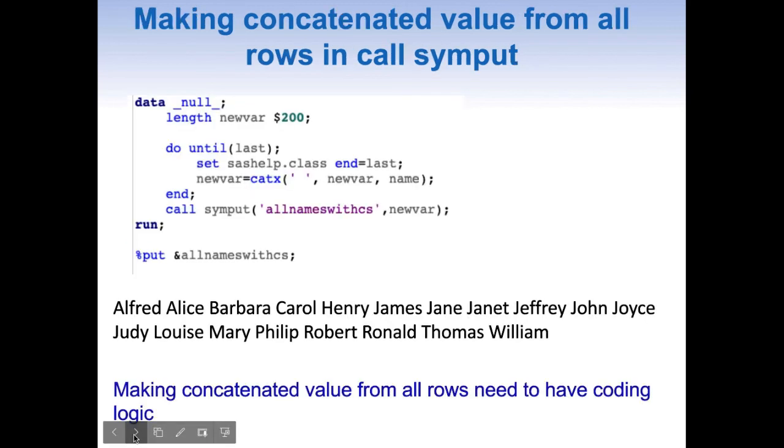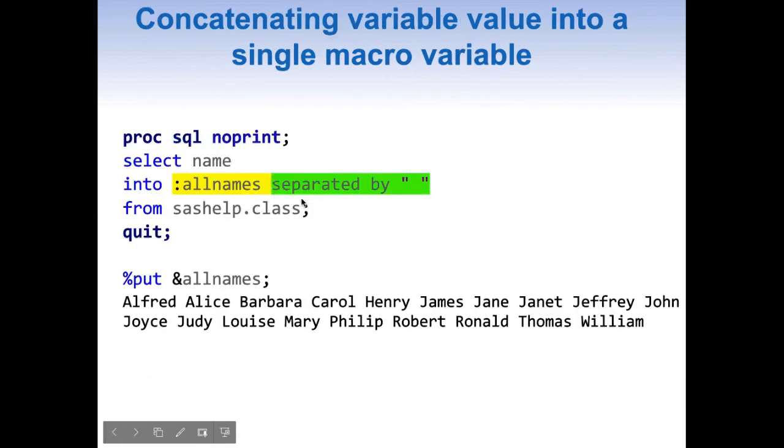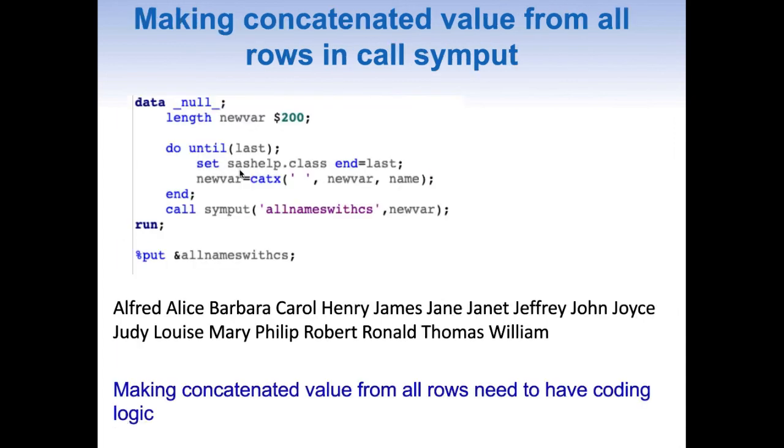Now to do the same thing in a data step and to use call symput or call symputx, it becomes a little bit more complicated. It is not as automatic as here, where I am just saying separated by a delimiter, and everything gets concatenated in the back end and we get our macro variable with all those values in it. Here, we need to provide a logic, and that logic in the data step concatenates all the values.